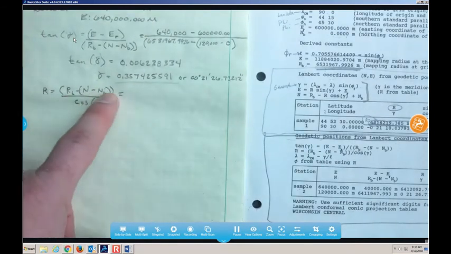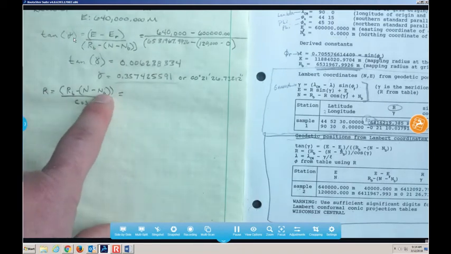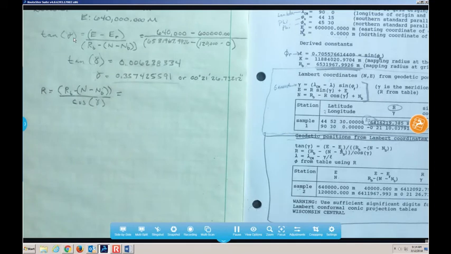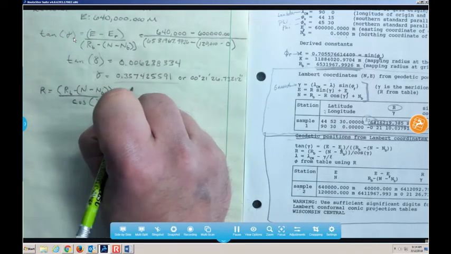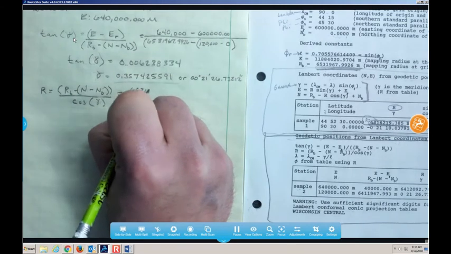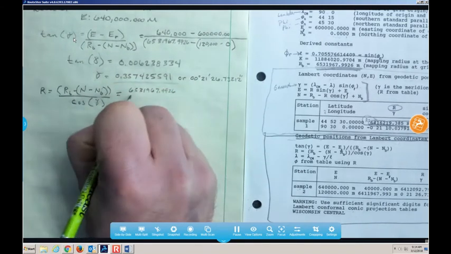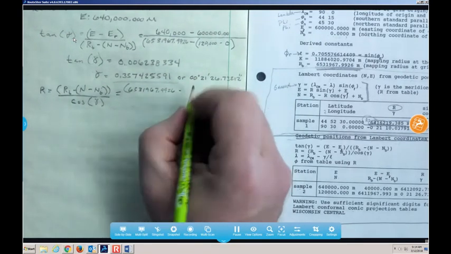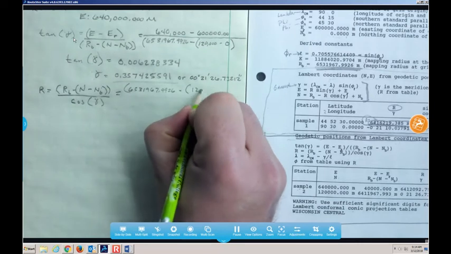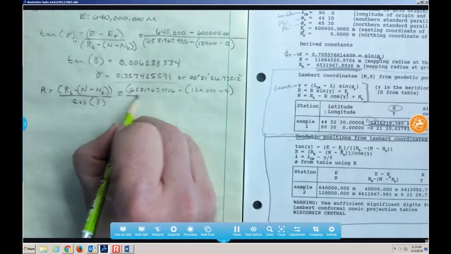Well, we could have figured this out already from the calculation we did up here. So we know that RB is 6531967.9926 minus 120,000 minus 0. So that's the top.